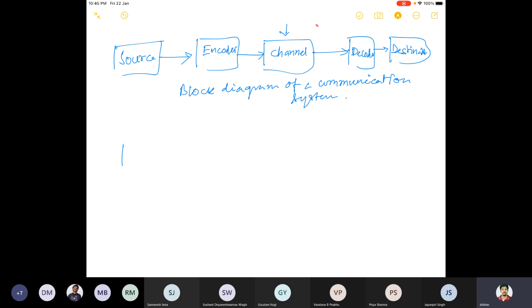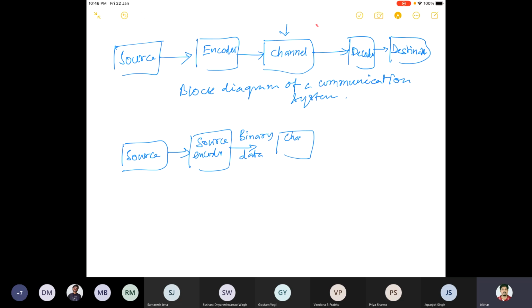So let's say we have the source, and then the source encoder, and then this is binary data, and then we can have a channel encoder, and then we have a channel, and this channel is actually noisy, so there will be noise.